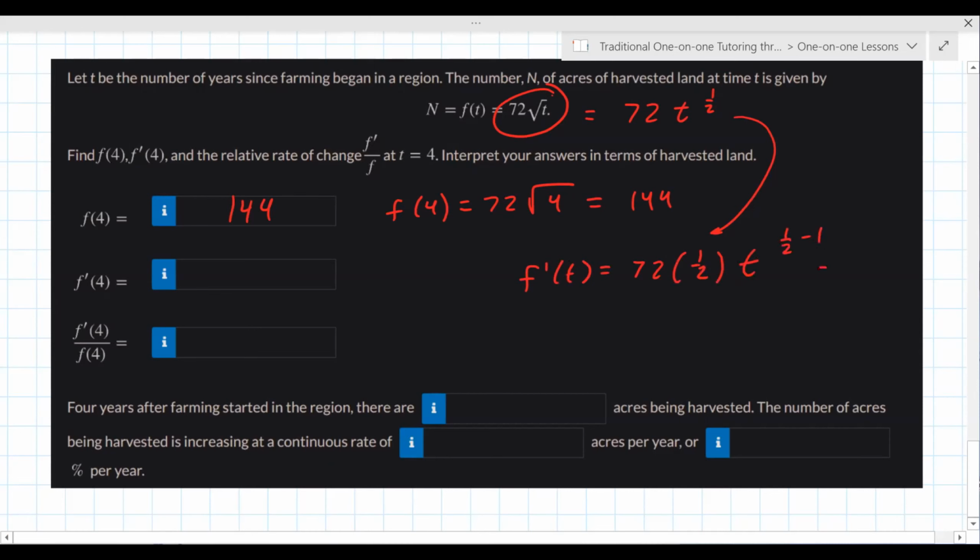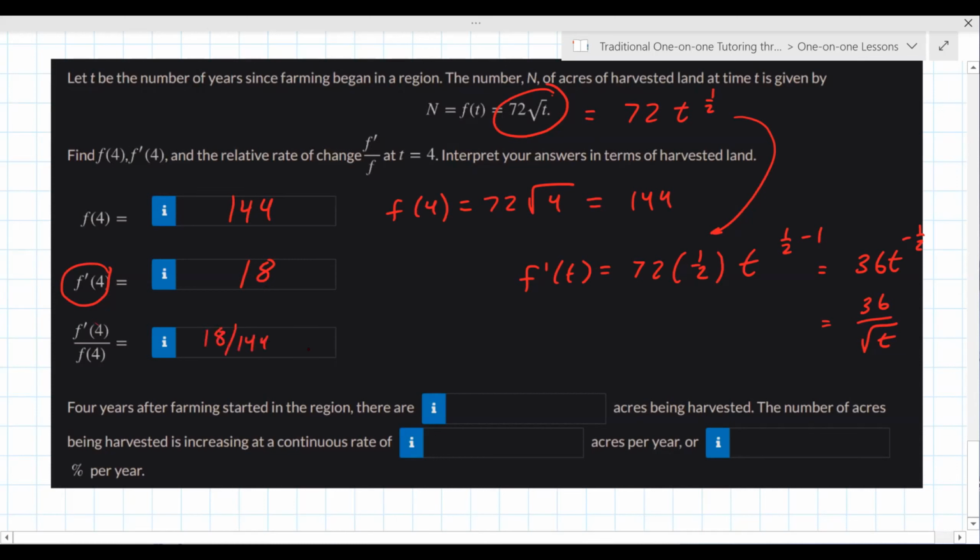So it becomes 36t to the minus 1/2. Then you plug in 4 for t. They don't actually want the derivative, they want the number. Then it's 2, and then it's 18, the whole thing. And then this one is take the derivative and divide it by f of 4, so 18 divided by 144.